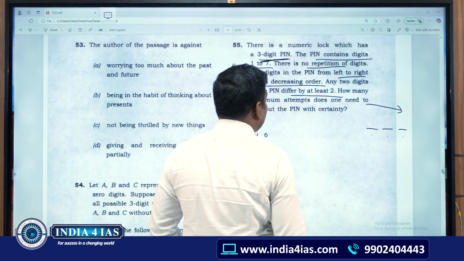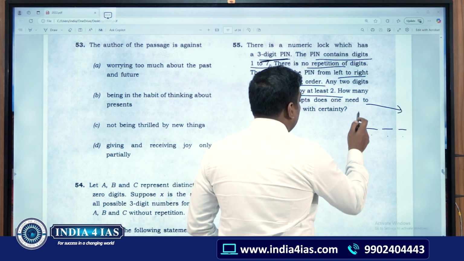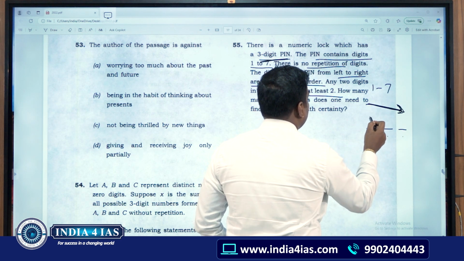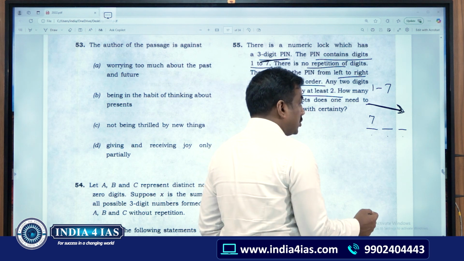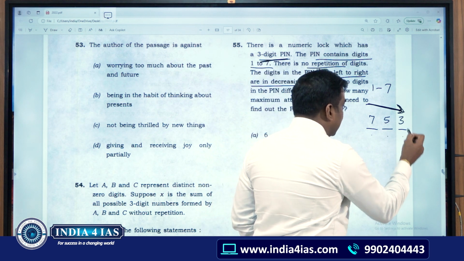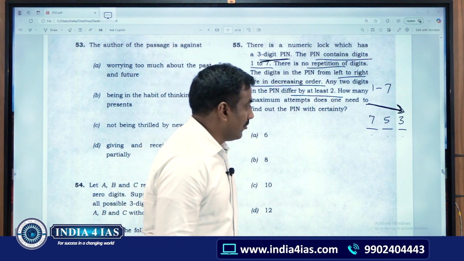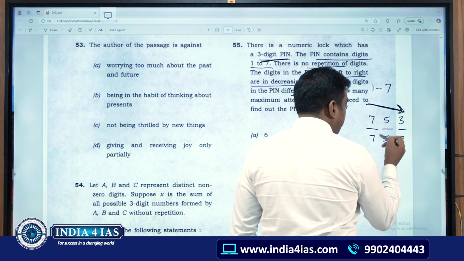How many maximum attempts does one need to find out the pin with certainty? So here they have to be in decreasing order. So 1 to 7 I can use. So I will directly go for the biggest number here, 7. And the next number should be 2 less than this. So 5. Next number should be 2 less than 5. So this is the first option that I have. But when I use 5, I can use 2 also.